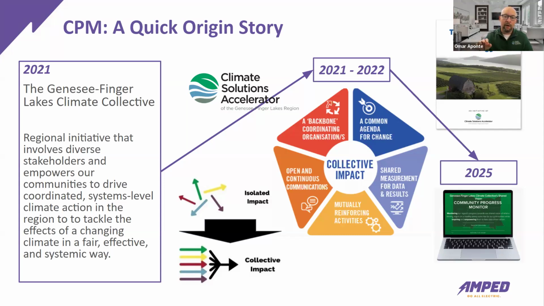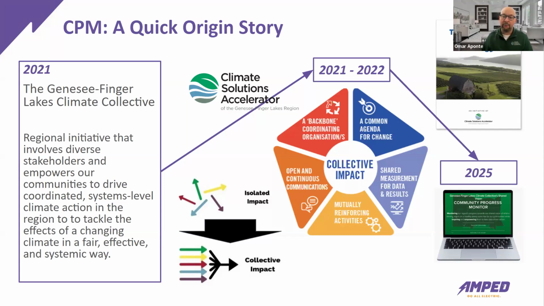This framework has 5 elements. Between the years of 2021 and 2022, we started at the top left corner, establishing a backbone organization that will coordinate all the efforts, and that's the Climate Solutions Accelerator. Then the next step was to define a common agenda, and that's where the Genesee Finger Lakes Climate Action Strategy came to be.